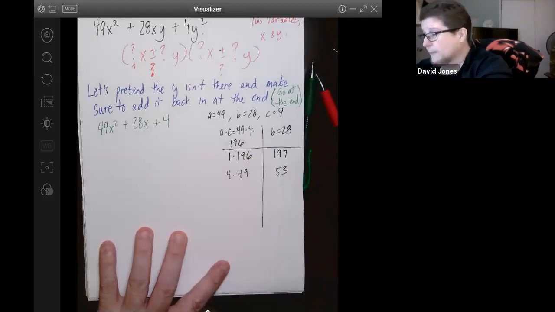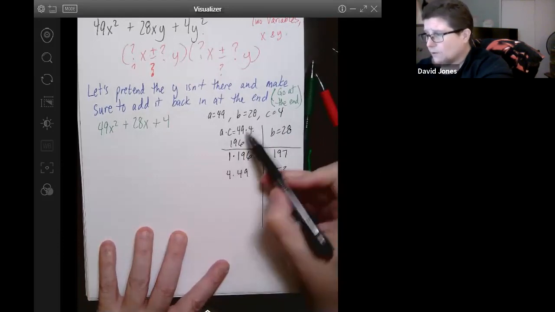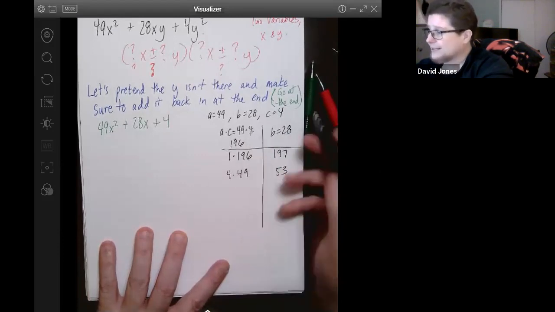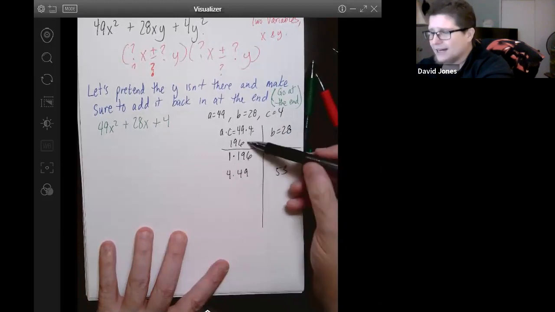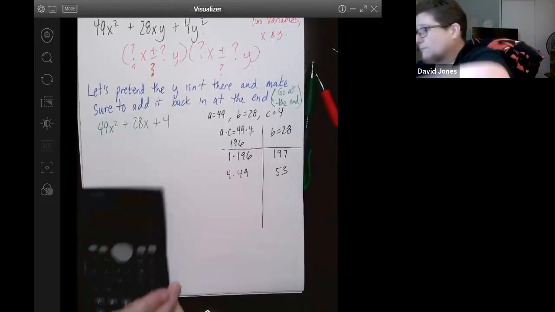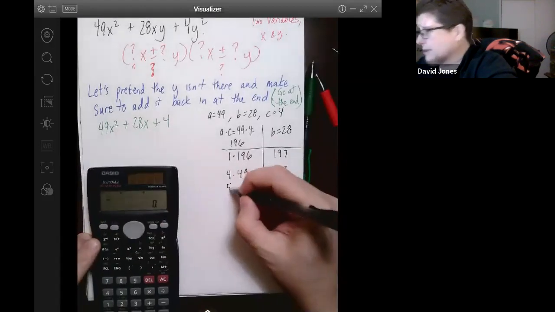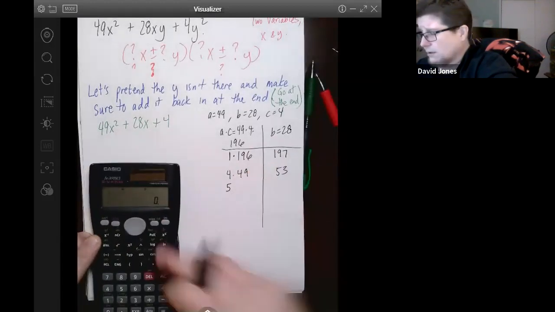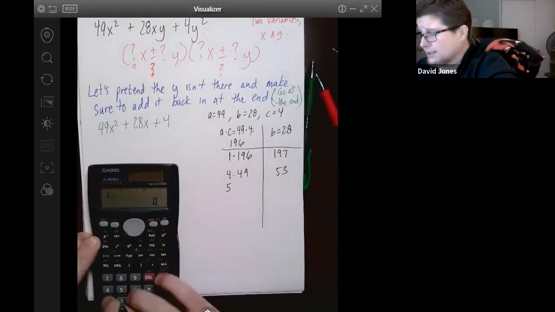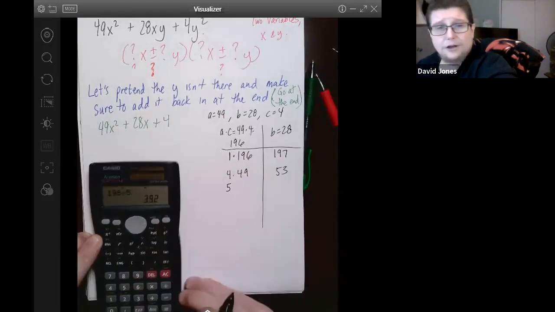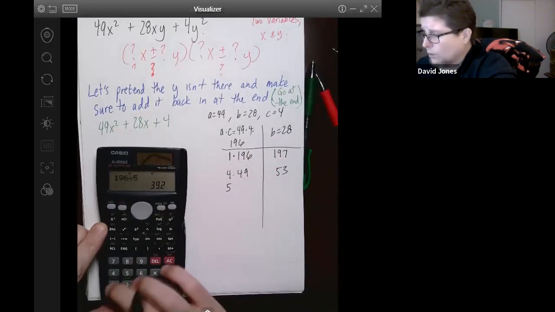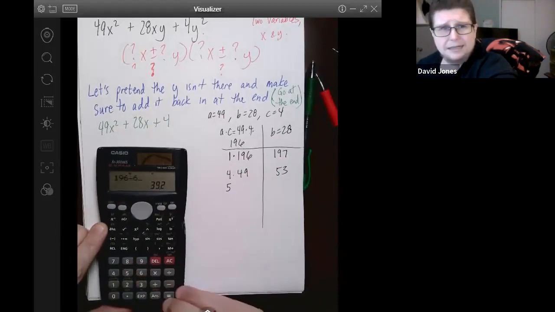So what other factors do we have here? Let's see. Does 5 divide into this? No. We're getting close to 28, so I'm going to go slower. Does 5 work? 196 divided by 5. Nope. Decimal. 196 divided by 6.